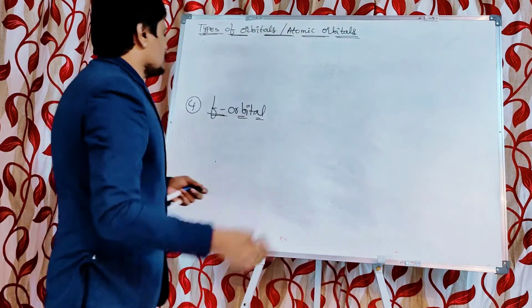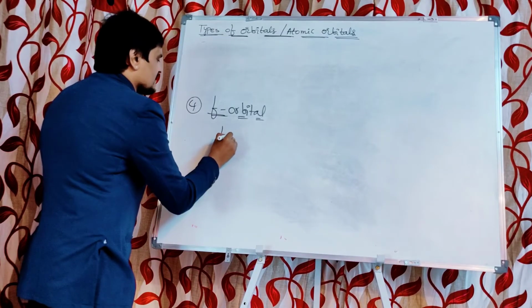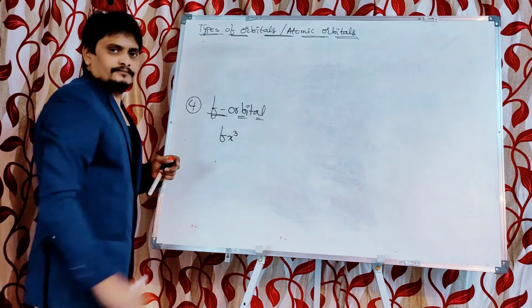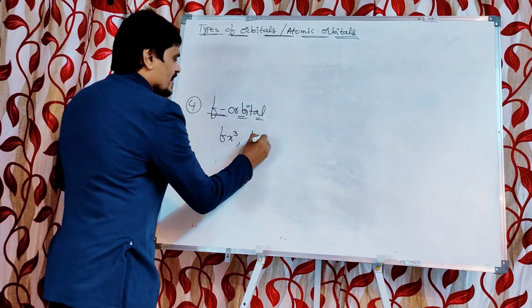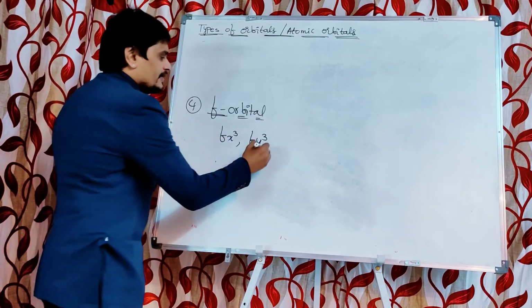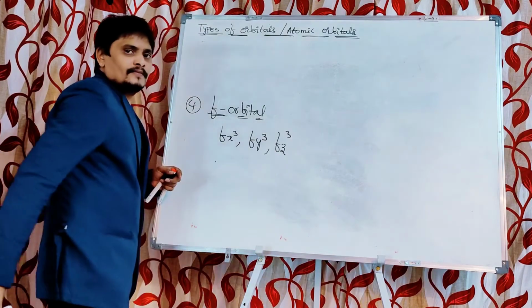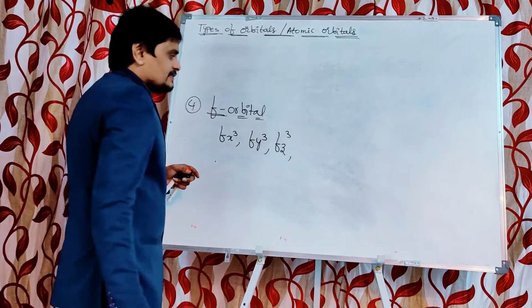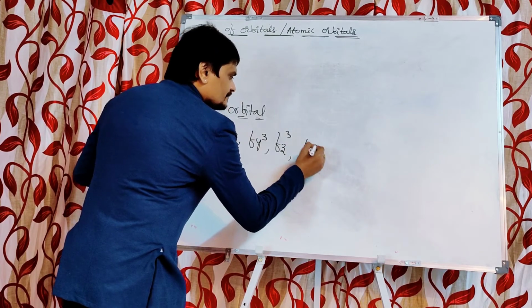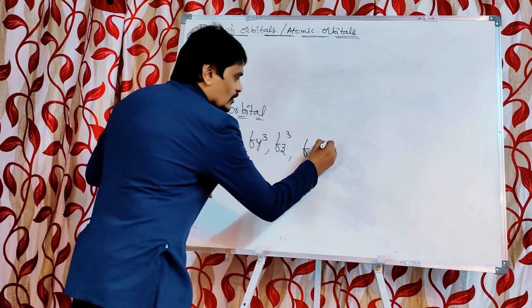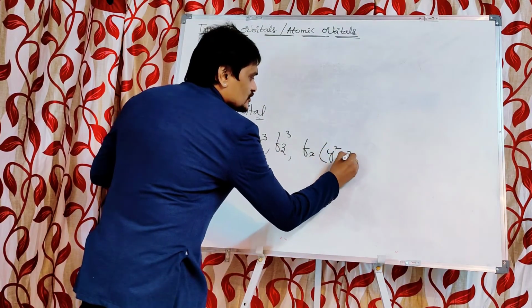Right? So the first one is fx cube. Second one is fy cube. Next one is fz cube. Next one is fx. What are the remaining? Y square minus z square.